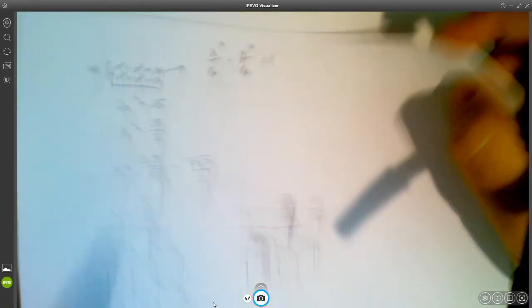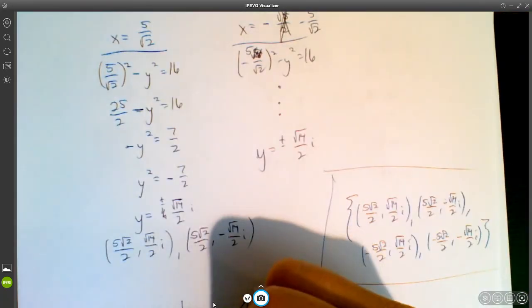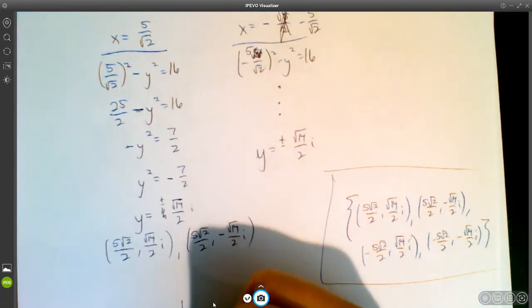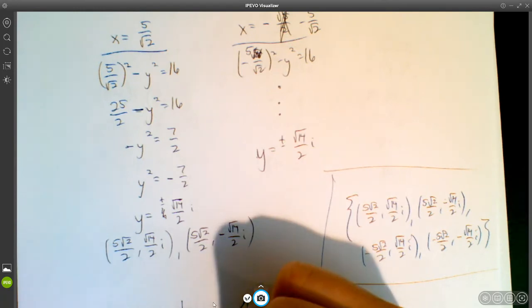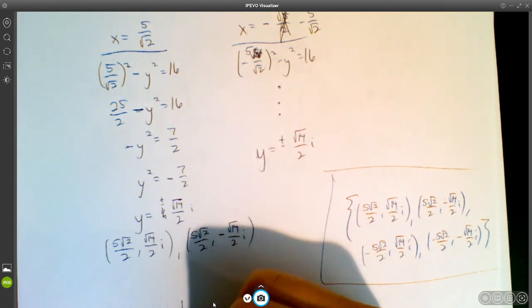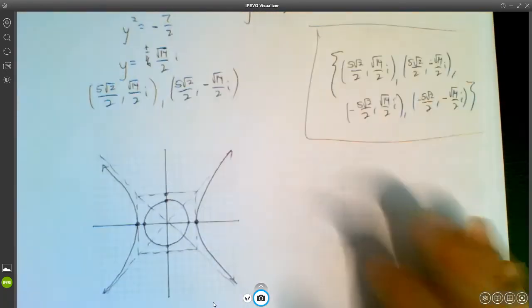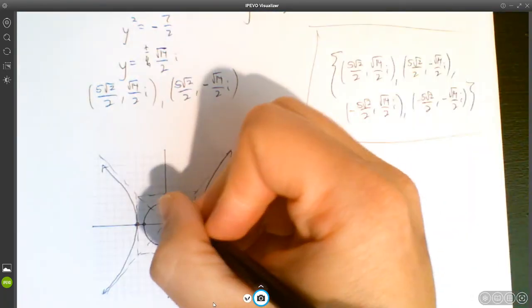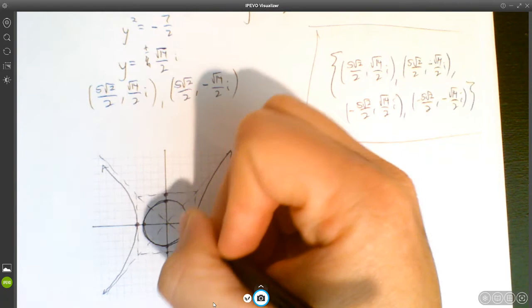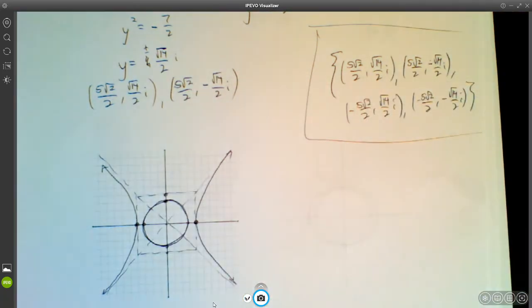Now the bottom equation is a circle centered at 0, 0 with radius 3. So there's the circle. And sure enough, right, the two graphs don't ever intersect. So yeah, no solution.